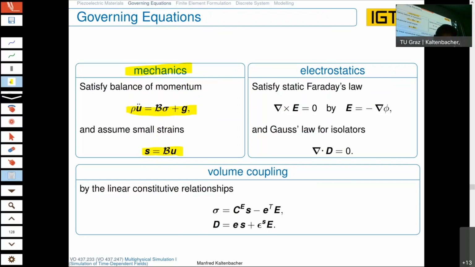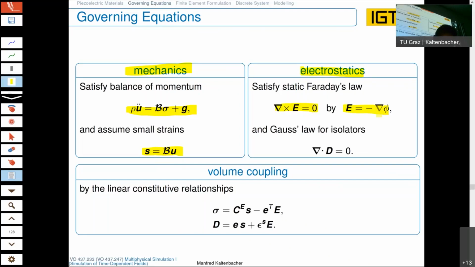On the other hand, we just have to model electrostatics. So it is really that the curl of the electric field is zero, since we assume there are no magnetic or time-changing magnetic fields, so we can again express the electric field by minus the gradient of the scalar potential.